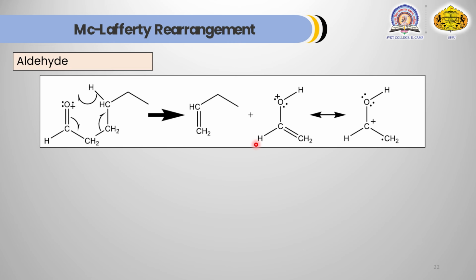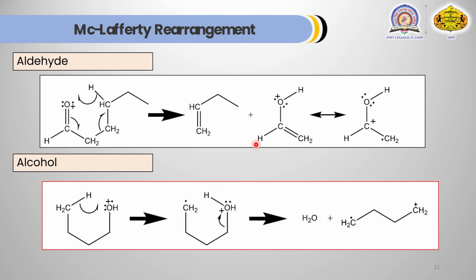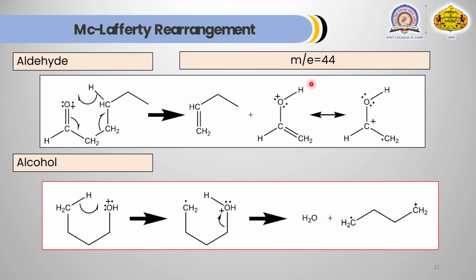Along with that, another fragment is obtained. In this case, this fragment has m/z equal to 44. This means that in the mass spectrum, a peak at m/z 44 appears due to the formation of this cation radical, and this is the resonance structure, or canonical structure, of this fragment.